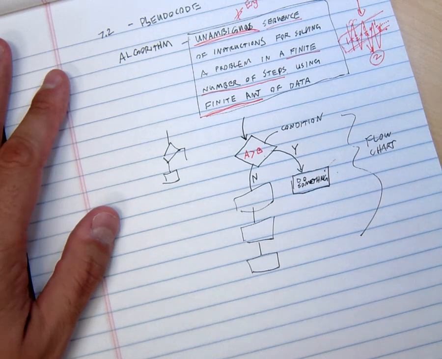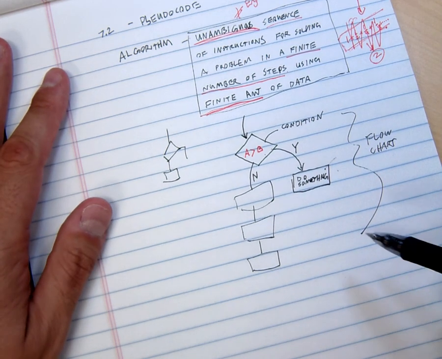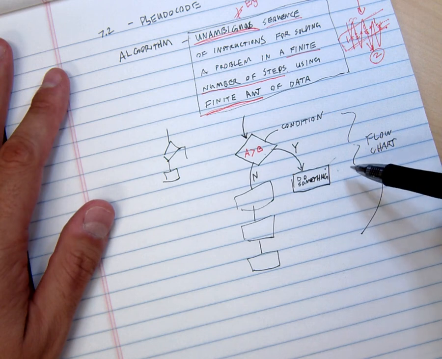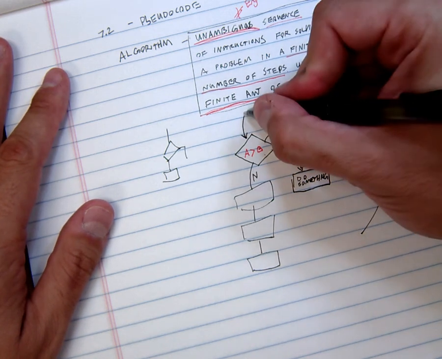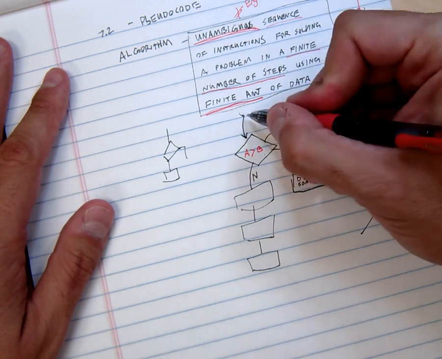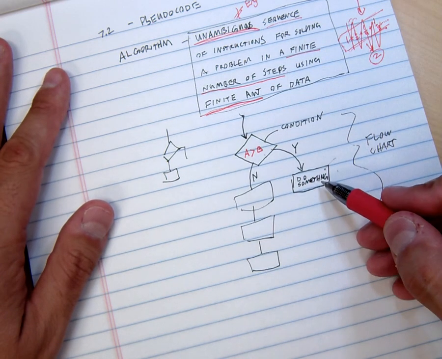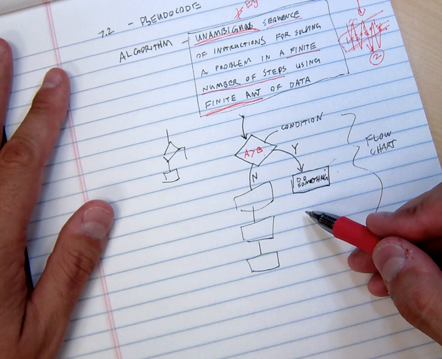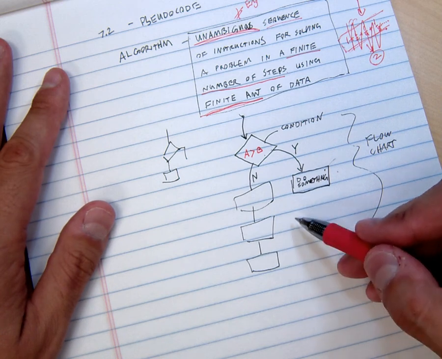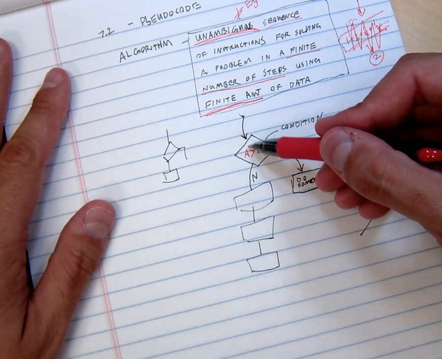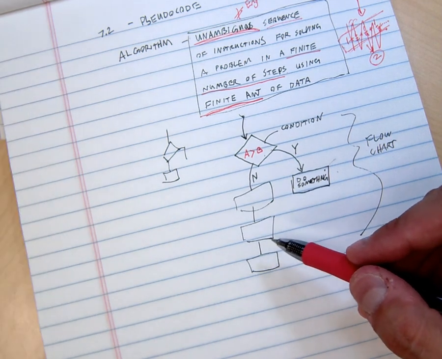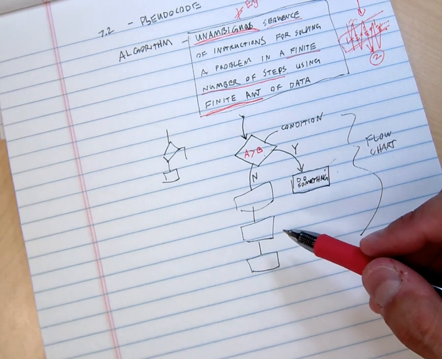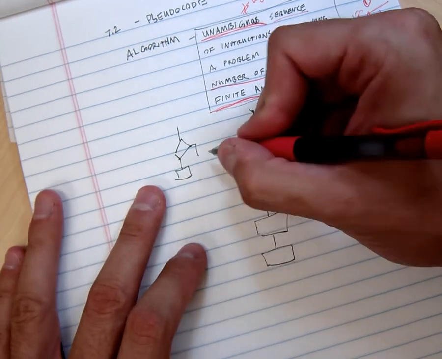I don't see them taught too much anymore, but I think sometimes it's useful to understand that we can draw this, and imagine how you can express algorithms like this among some other ways. Seeing this kind of picture is good for helping us understand some of the control structures we're going to see in pseudocode.